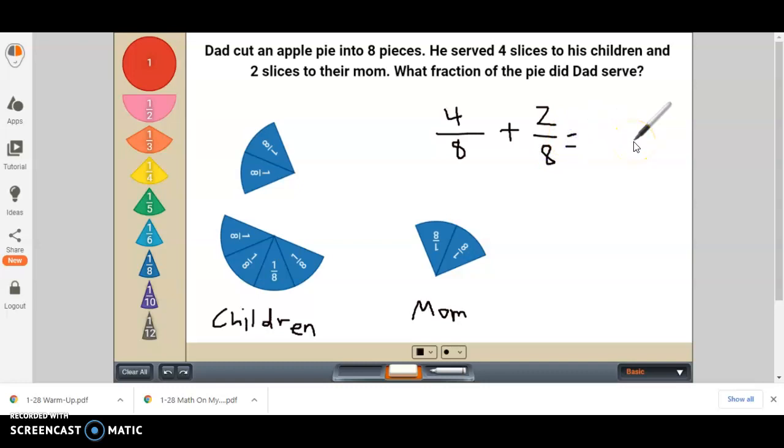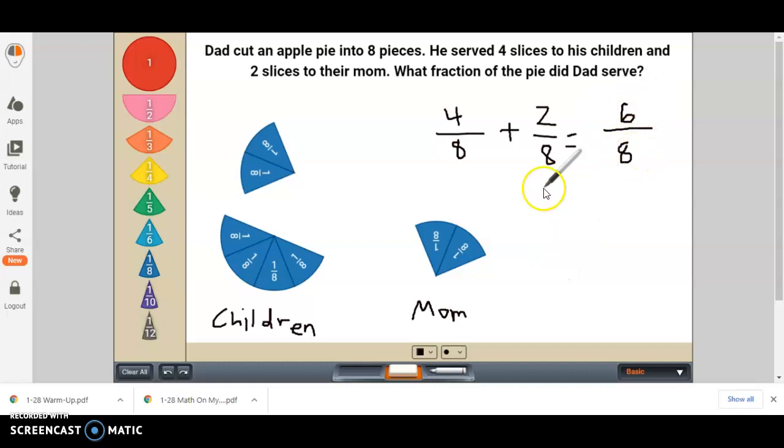So, knowing what we have seen, what fraction of the pie did Dad serve? So we have 4 pieces and 2 pieces, which means we have 6 pieces, and we do have 8 slices make a whole, so it's still 6/8.